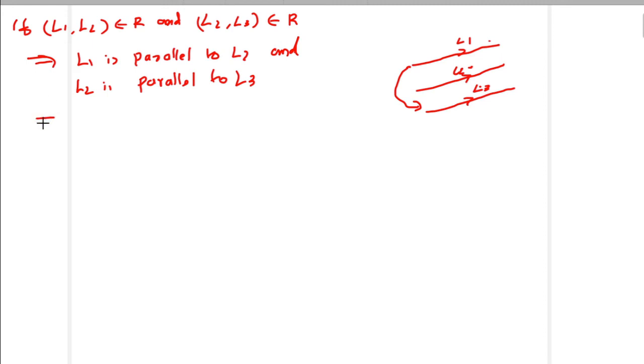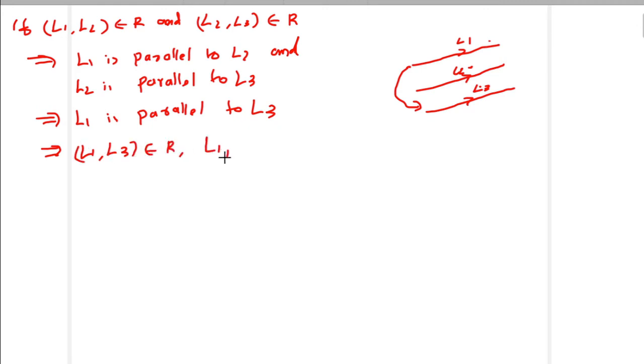This implies (L1, L3) belongs to R for all L1, L2, L3 belonging to L. Therefore R is a transitive relation.